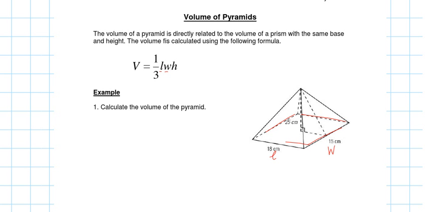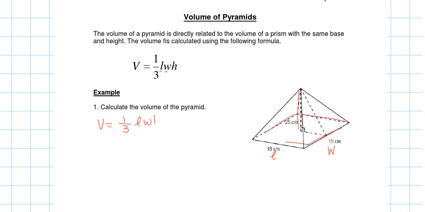So let's look at this pyramid right here. It asks you to calculate the volume of the pyramid. I need my length, my width, and my height. Do I have all 3 of them? Yes. I have my length and my width, and that 25 centimeters belongs to the height of the pyramid. So it's an easy plug-in. Volume equals 1/3 length times width times height.